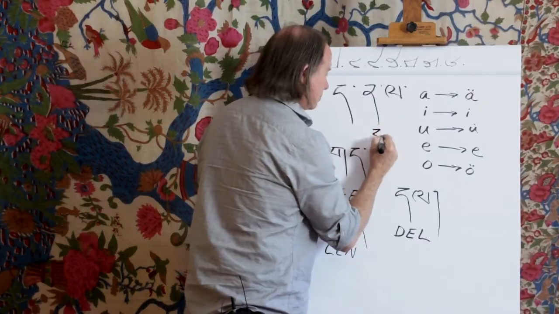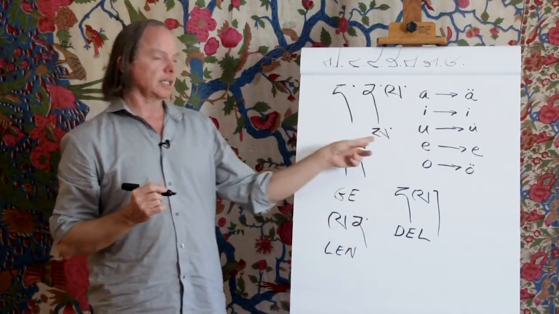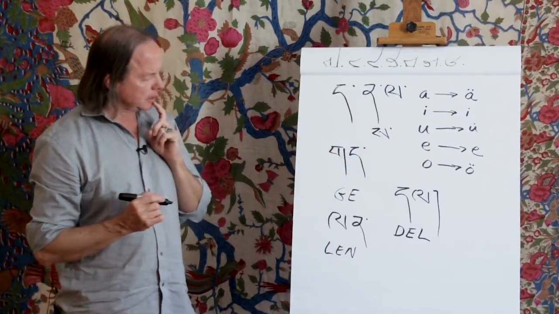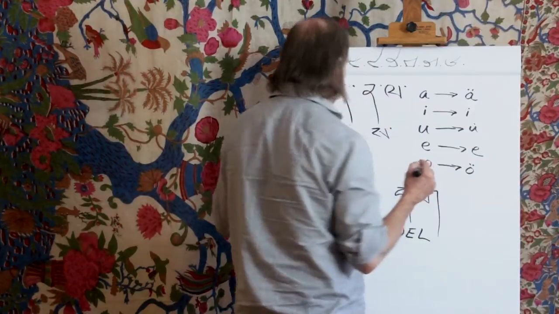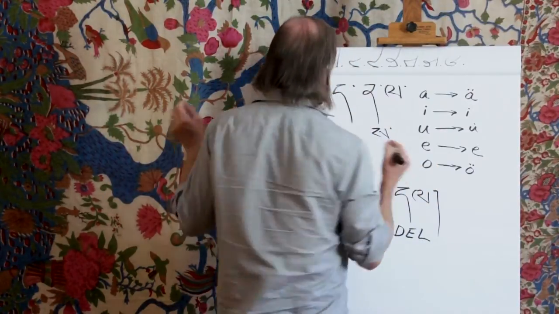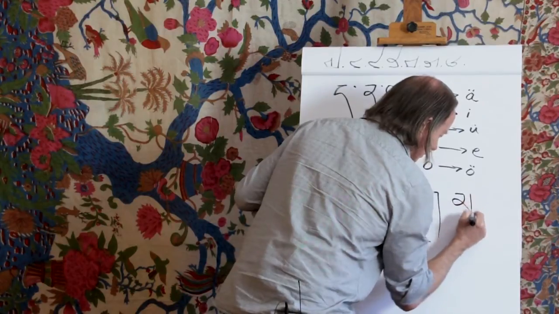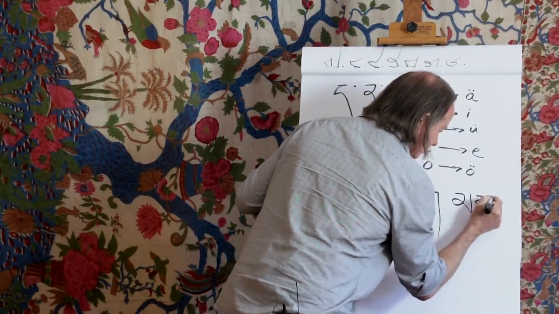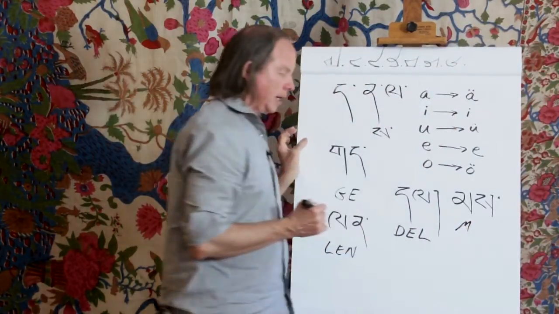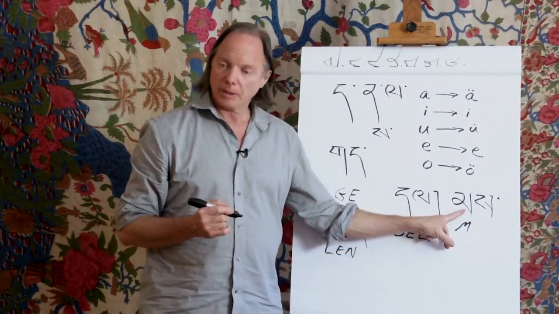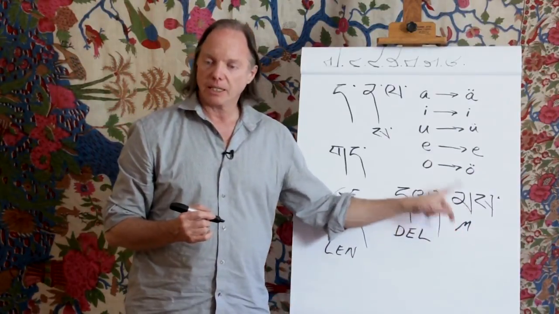Okay, one more example, which is very similar. Say sa. Then let me think of an example. We can use... how about this, it's an easy one. How would you pronounce it? Ma, sa, high tone, right?